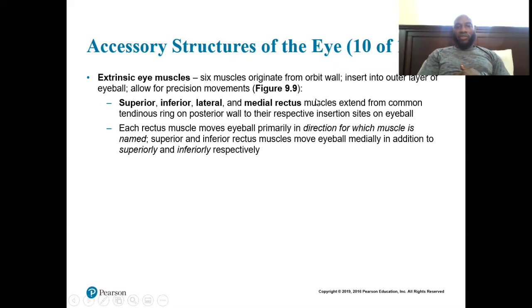Superior, inferior, lateral, and medial rectus extend from a common tendinous ring on the posterior wall to their respective insertion sites on the eyeballs. We have these six muscles that basically help us move the eye. Each rectus muscle moves the eyeball primarily in the direction for which the muscle is named. All right, so the eyes can move in all directions, which is great, so we can see things all around us.